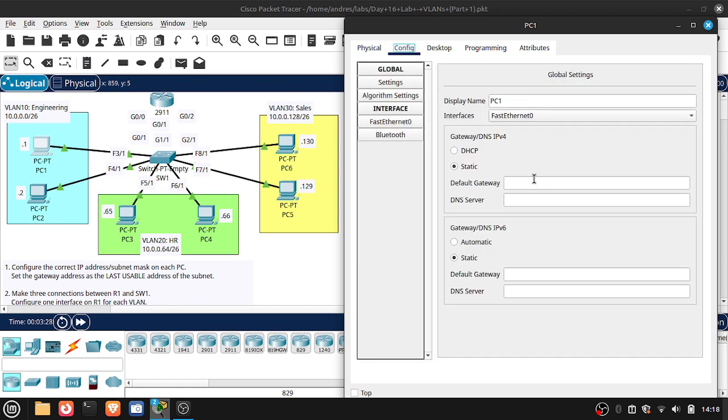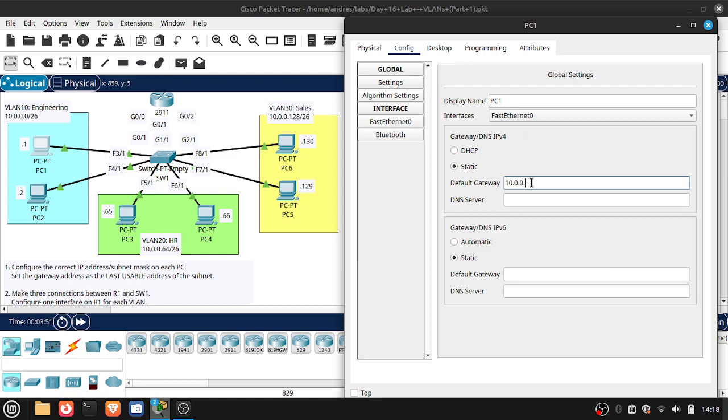So the default gateway is going to be 10.0.0.what? It is slash 26. So slash 24, 25, 26. We borrow two bits from our host portion.